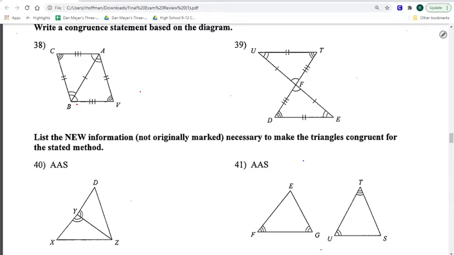So congruent statements involve talking about which sides and angles match up with which.